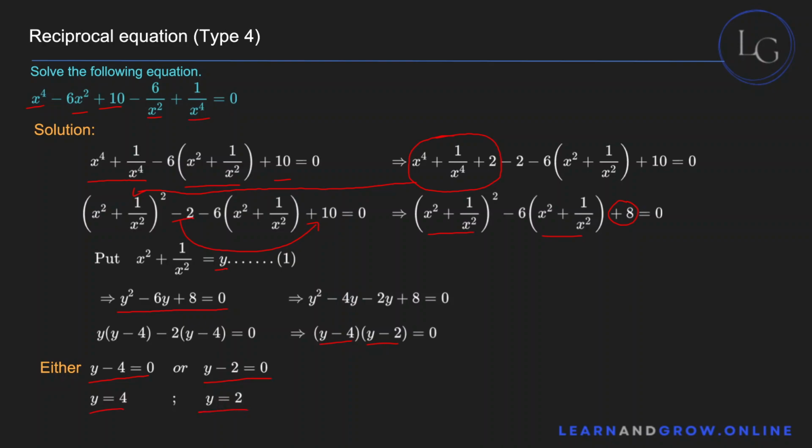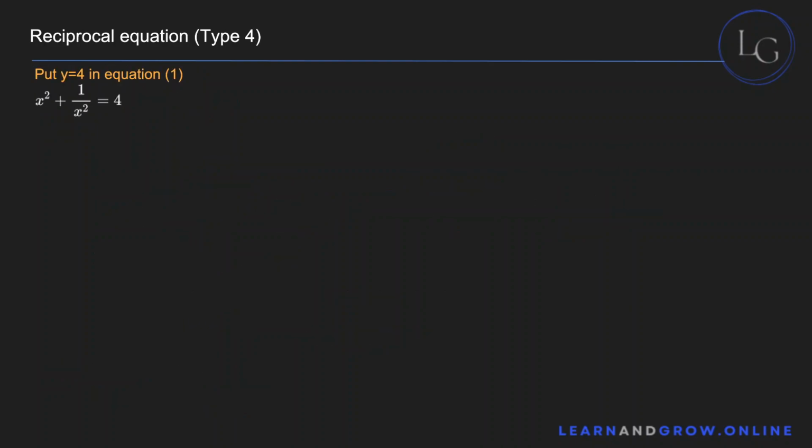So now you have two values for y, and now you'll plug in y is equal to 4 in the equation that dictated that x square plus 1 over x square is equal to y. Now upon doing that, basically what we've done here is we've taken the LCM. So x square multiplied by x square plus 1 over x square is equal to 4.